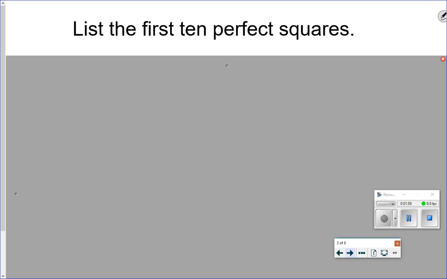The next one is 3 squared, so 9. You should try right now to pause this and list the first 10 perfect squares. We gave you the first 3: 1, 4, and 9. Continue on with the rest. Pause this and then play it again when you're done.